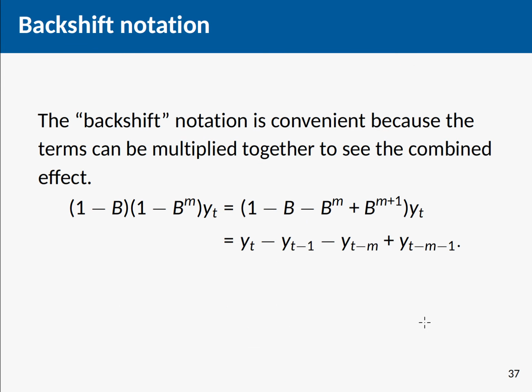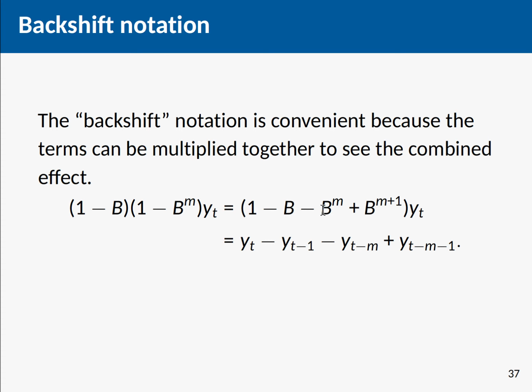You can play around with this algebra and rewrite the expressions and expand on them. If you were doing seasonal differencing first, followed by first differencing, then you can multiply these backshift operators together.